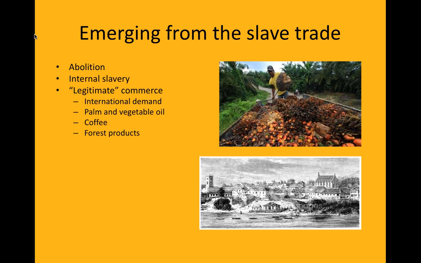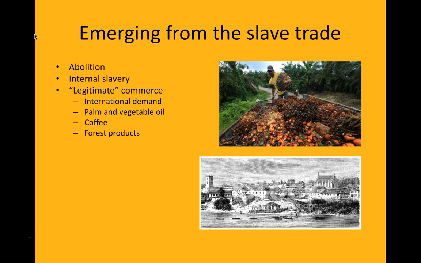And there are European treatises written at this time talking about the need for Africans to go away from the slave trade and to engage in legitimate commerce, to do things that were morally acceptable. There was, of course, a lot of judgment in these things, that Africans were prone to do things that were morally suspect.